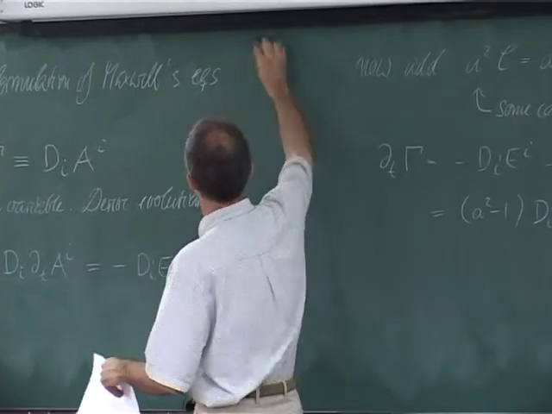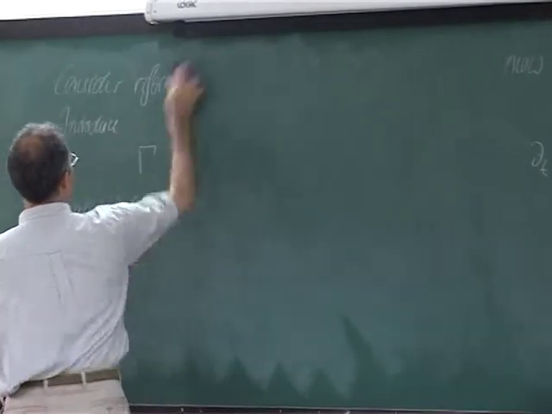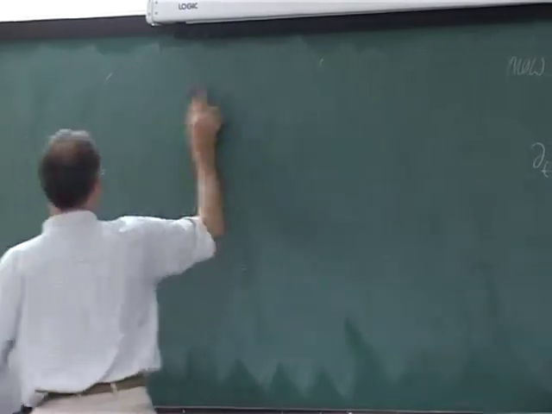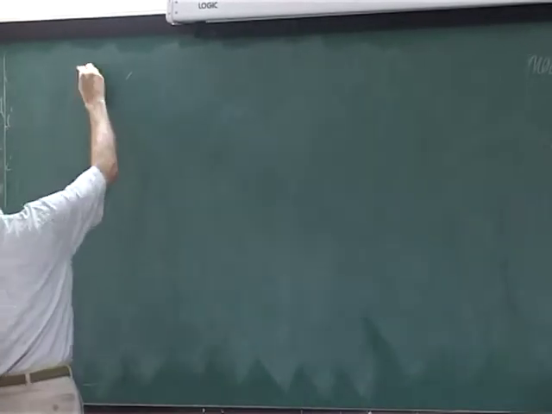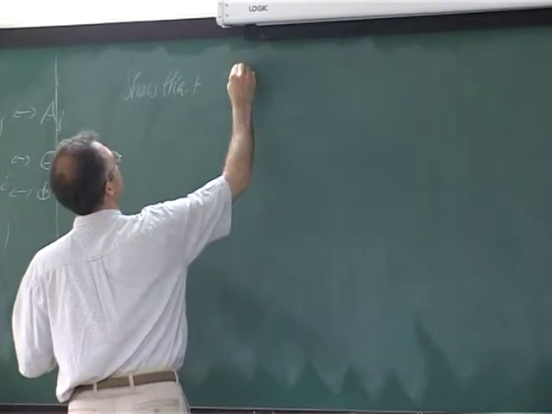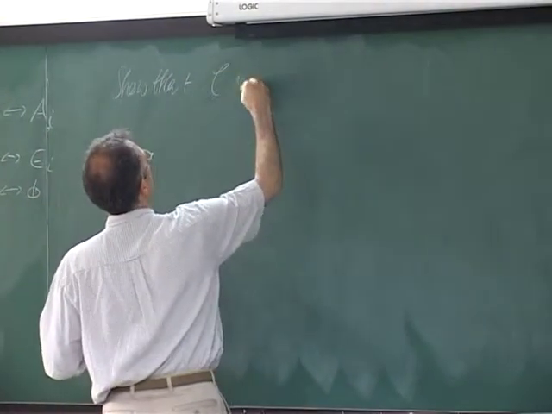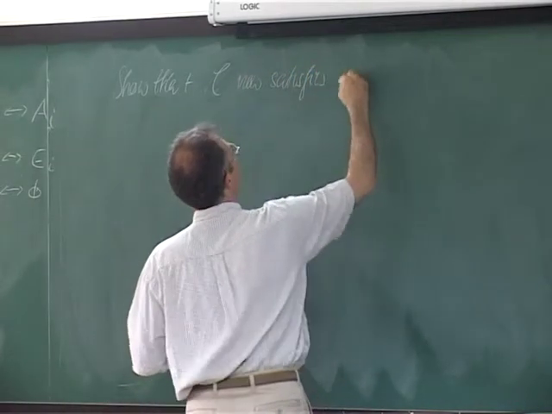Instead, we now find the following equation for the constraint violations. So we can show that C now satisfies a wave equation.